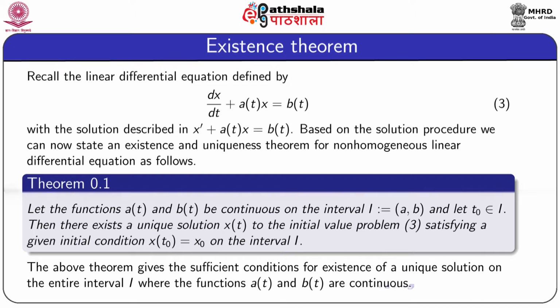Let the functions a(t) and b(t) be continuous on the interval I = (a, b), and let t0 belong to I. Then there exists a unique solution x(t) to the initial value problem 3 satisfying a given initial condition x(t0) = x0 on the interval I.